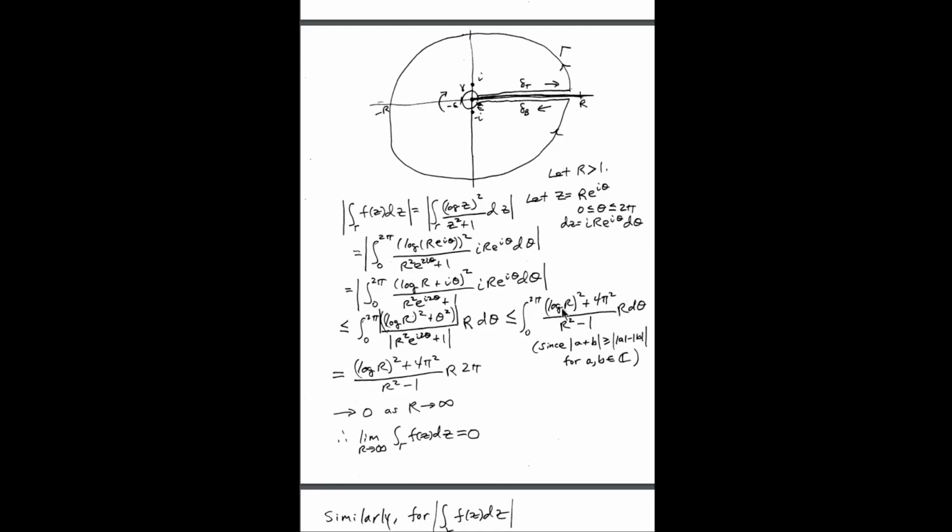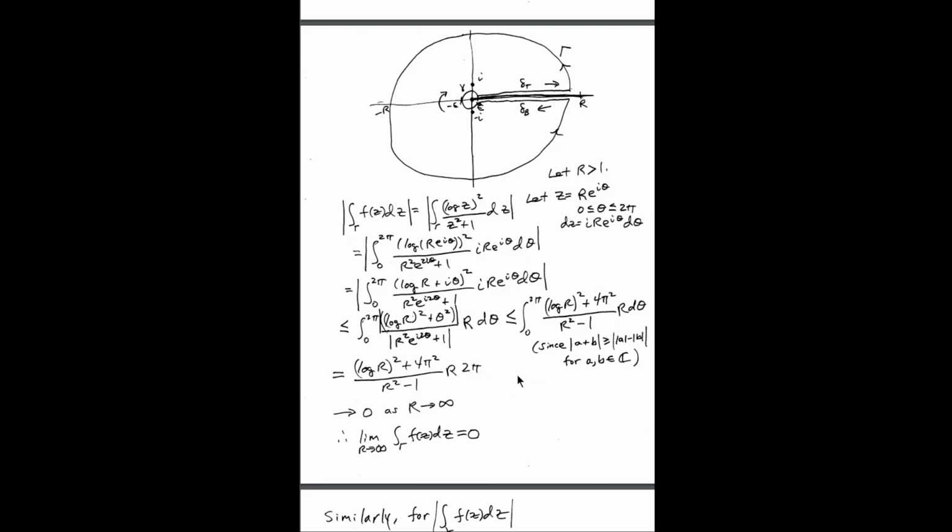And so, calculating this now, these are all constants in here, so it simply equals ((log R)^2 + 4π^2) over (R^2 − 1) times R, now times the integral of 1, which is 2π.